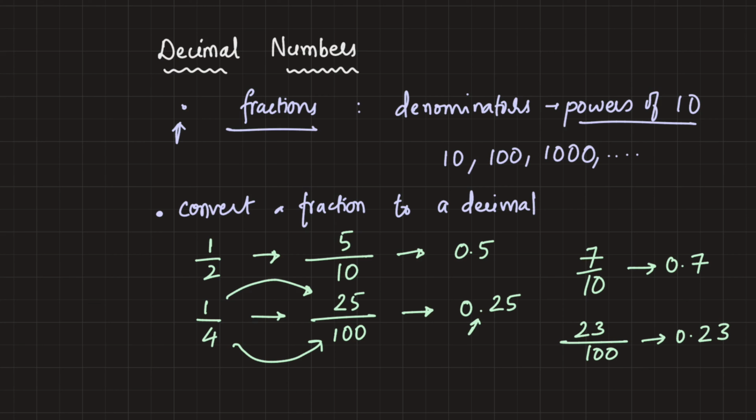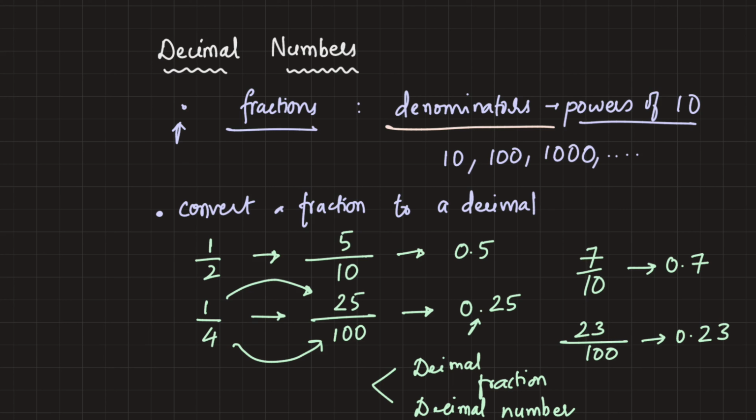So just to recap, we have two things. One is a decimal fraction, and the other is a decimal number. A decimal fraction is a fraction where the denominator is a power of 10.